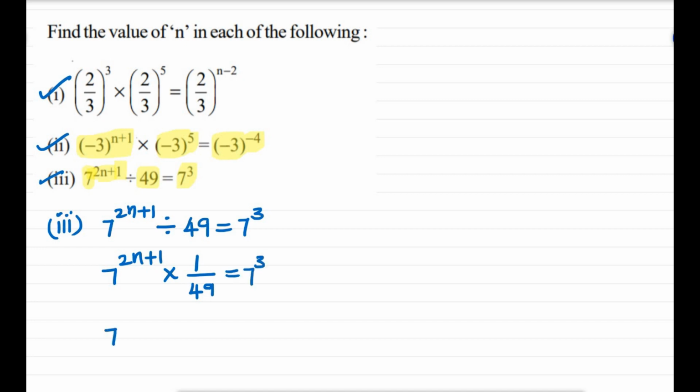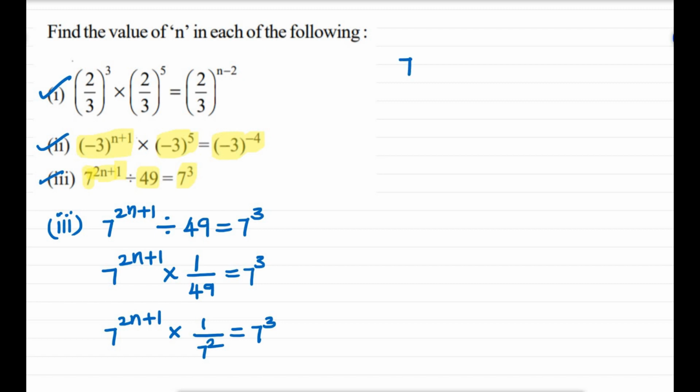So now again what I'm doing is 7^(2n+1) into this. I write 1 by 49 as 7 square, right? 7 sevens are 49. So the RHS remains the same.